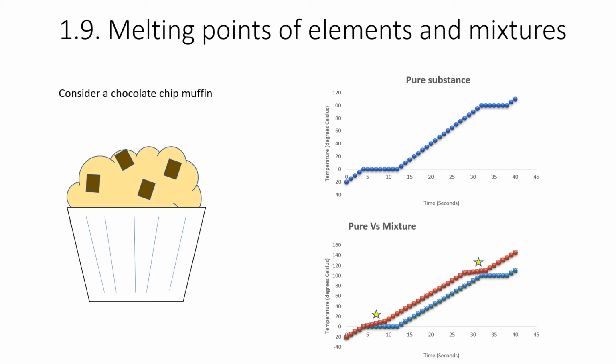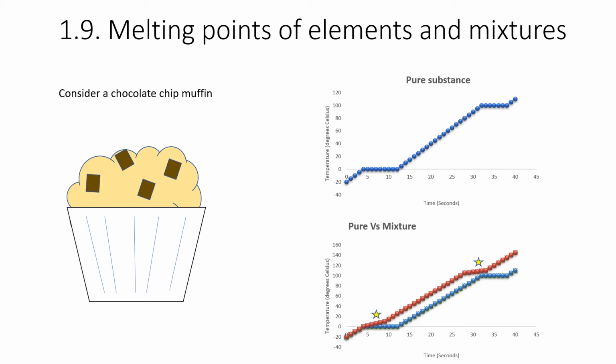Now to consider mixtures. When you melt a mixture, you actually melt each part of the mixture separately. Consider a chocolate chip muffin. We're going to simplify things a bit here, but I hope the analogy will help you. You have the 2 main substances in chocolate chip muffins, the chocolate chips and the cake. If you were to slowly heat up your muffin, constantly increasing the temperature, the chocolate chips would start to melt way before the cake.